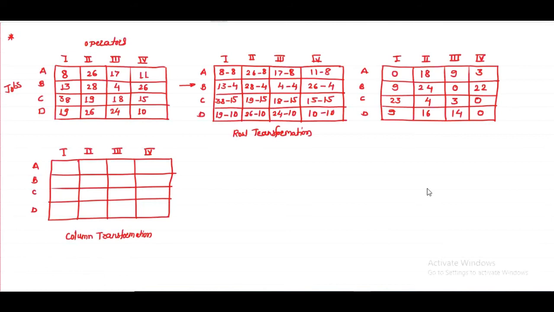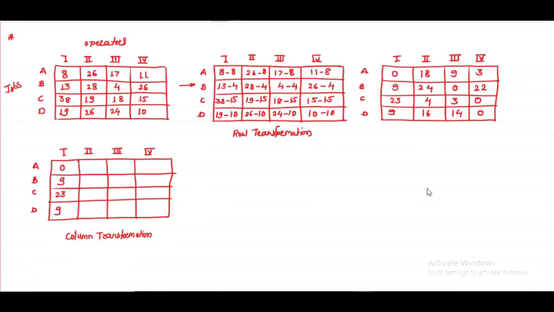In the first column, the smallest element is 0, so we subtract 0 from each element of that column, and the elements stay as they are: 0, 9, 23, 9.